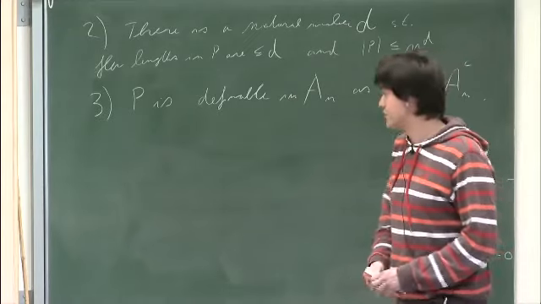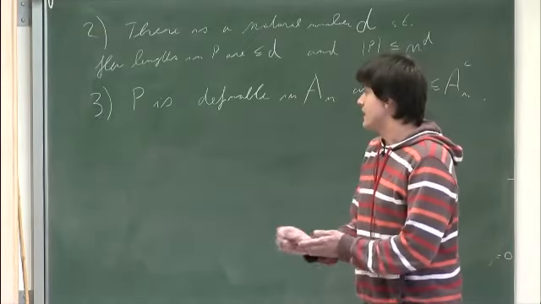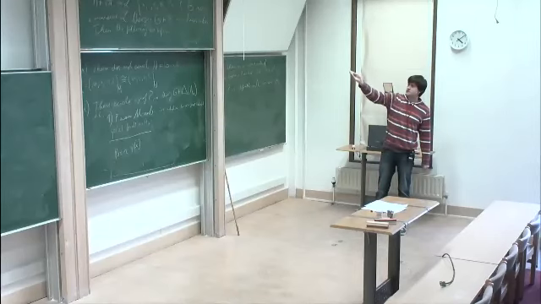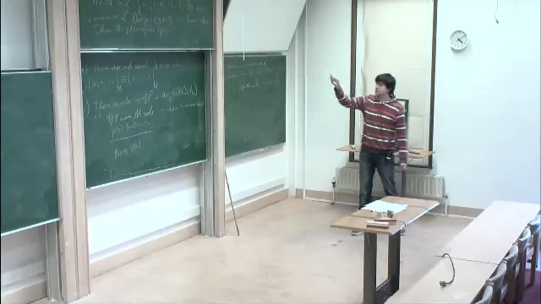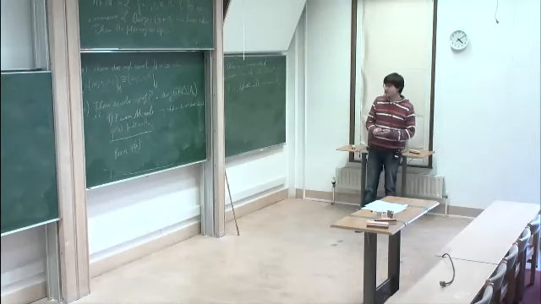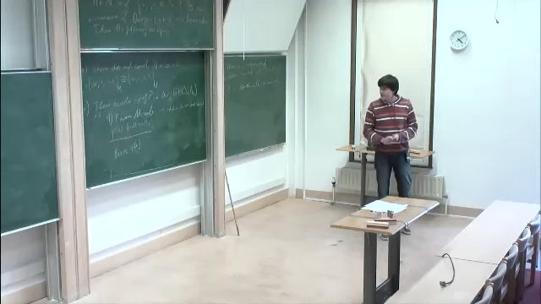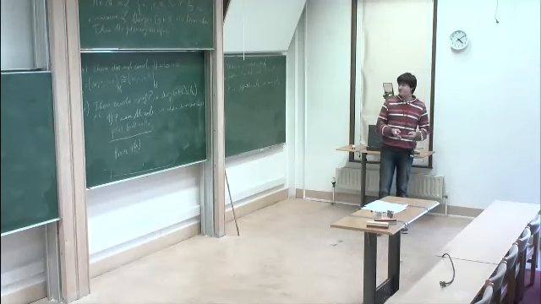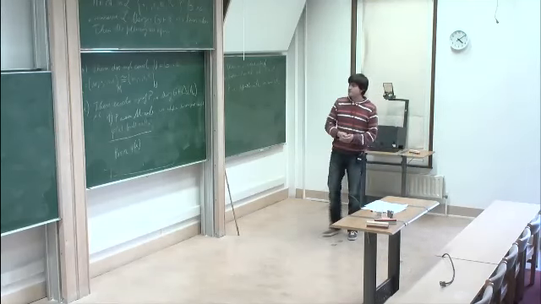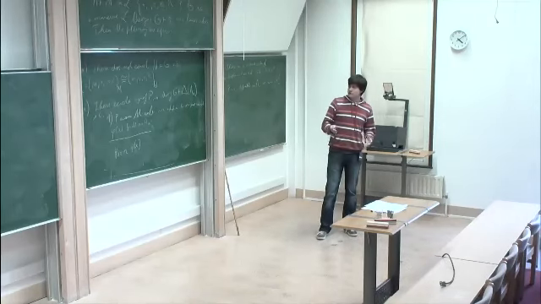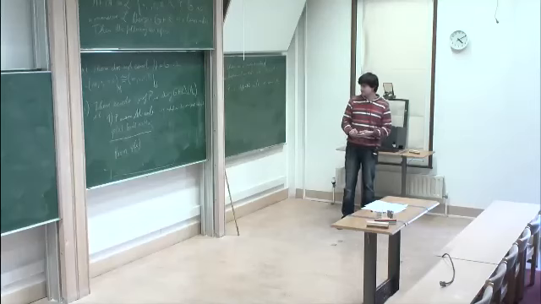So that's the theorem, and basically it says that if you are interested in such extensions mentioned in point 1, then we must not be able to prove a contradiction inside the model A_n. So it is an intrinsic property of the model A_n if such an extension exists or not.